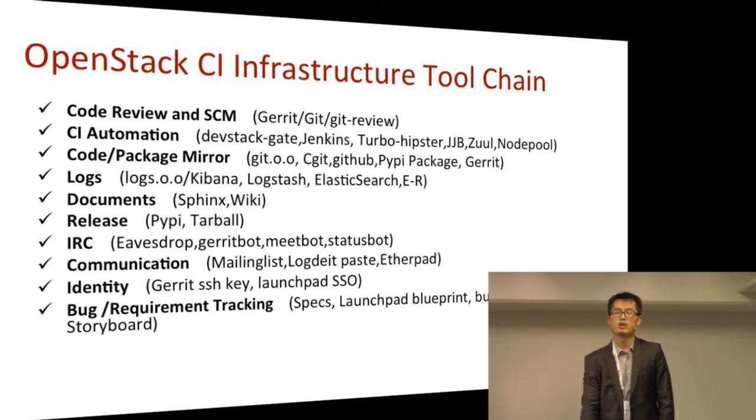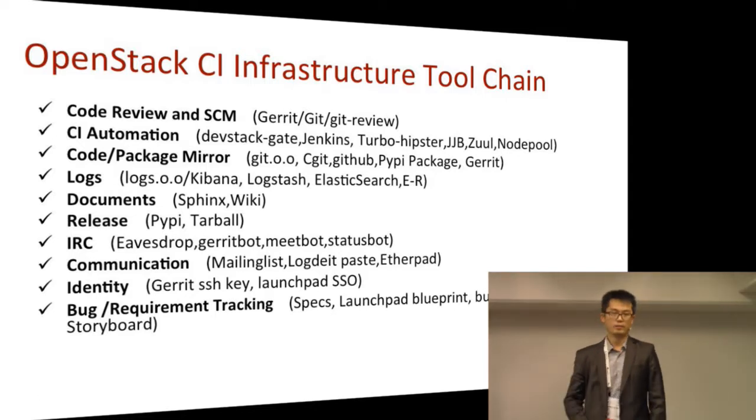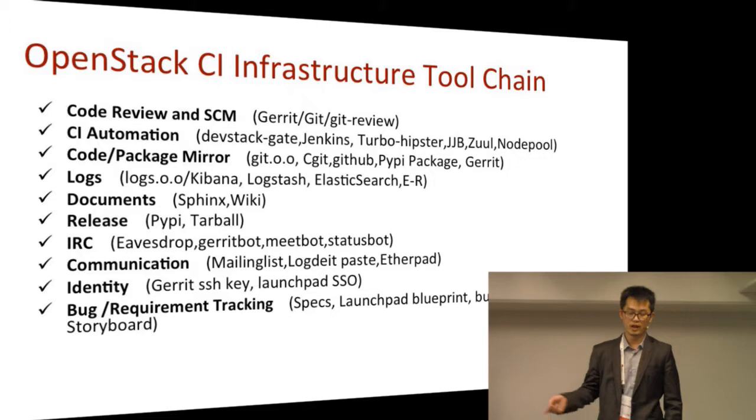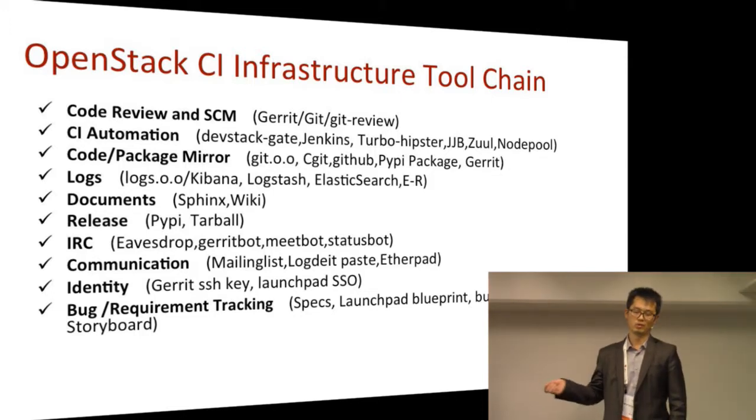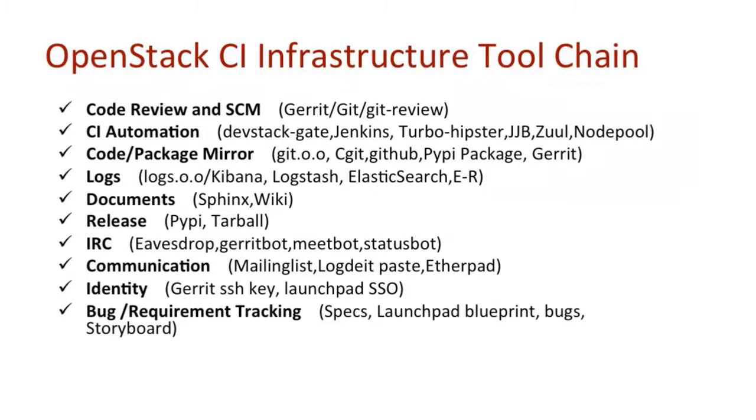Before talking about third-party CI, let's have a look at what the whole OpenStack CI infrastructure looks like. There are several main categories in the tool chain, including code review, as you know, Gerrit, and they also wrote an awesome tool called Git review to simplify the Git commands, and also CI automation, including Jenkins, Turbo Hipster, which they aim to use to replace Jenkins in the future.